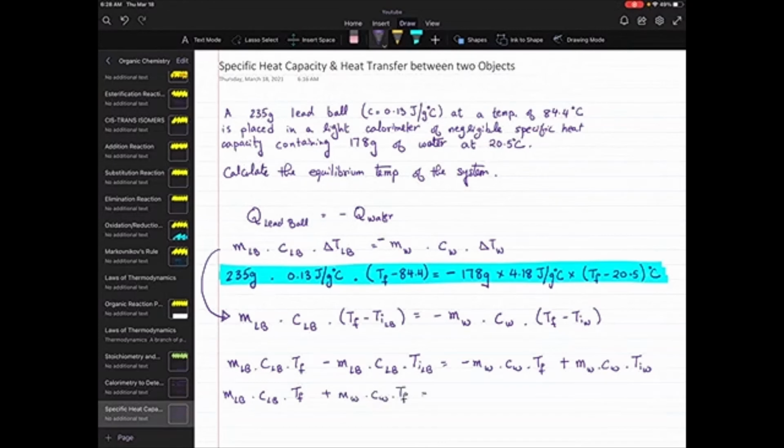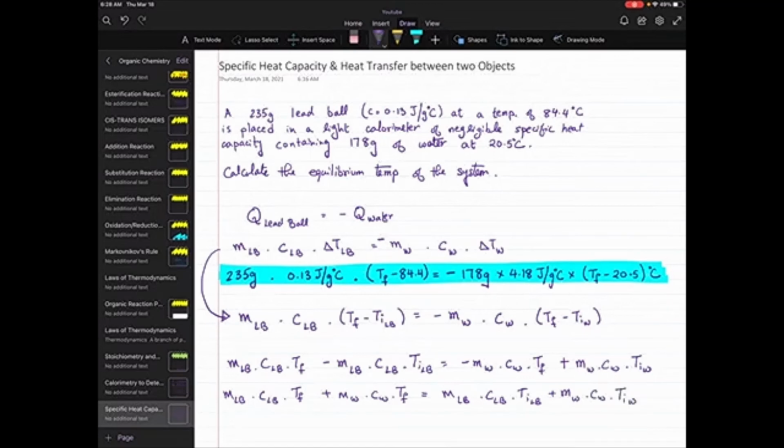and I'm going to take the lead ball's initial temperature component and take it to the right-hand side, and it becomes M of LB, C of LB, Ti of LB, and then M of water, C of water, T initial of water.